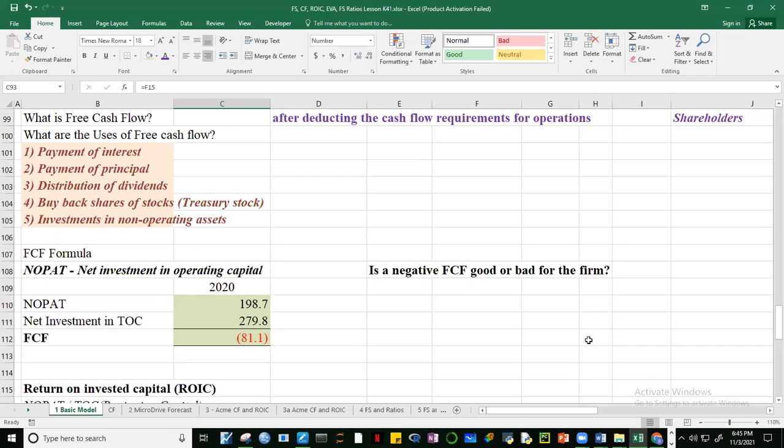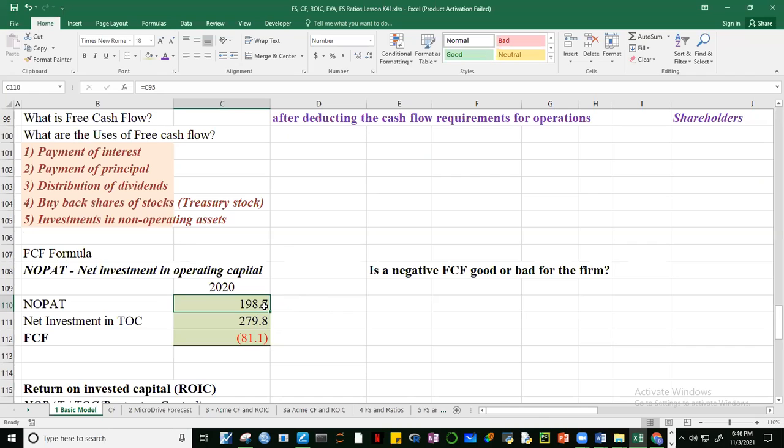Or if it's a low NOPAT. Now, when it's low, we will have to compare that with the NOPAT of the direct competitor. Kasi kunyari, when you say direct competitor, almost the same operations, no? Almost the same level of operations. If, let's say, the NOPAT of the competitor firm was 300 in this case.